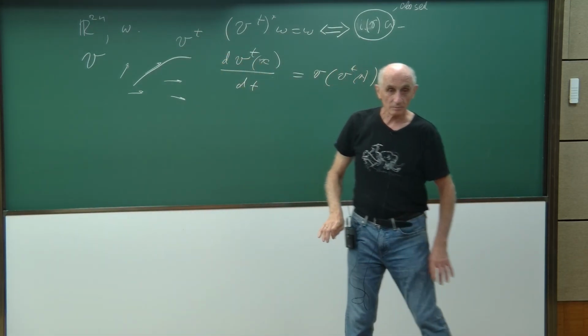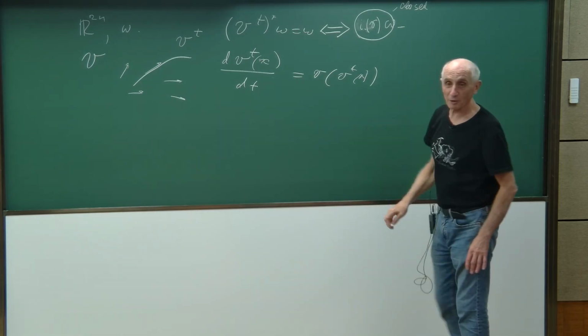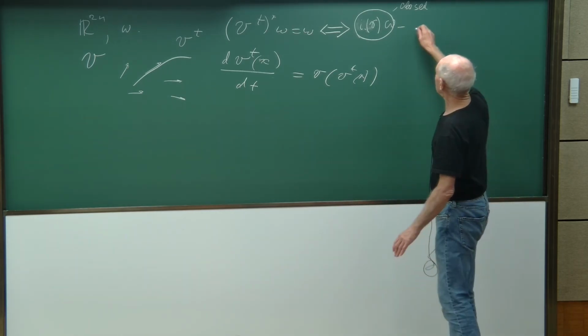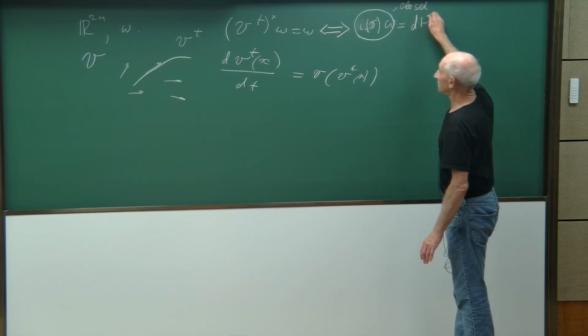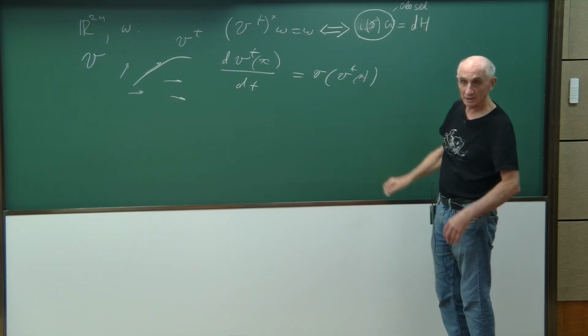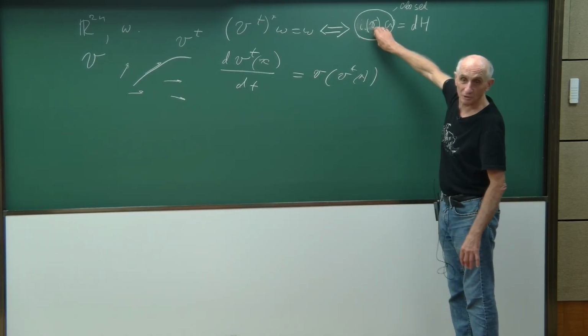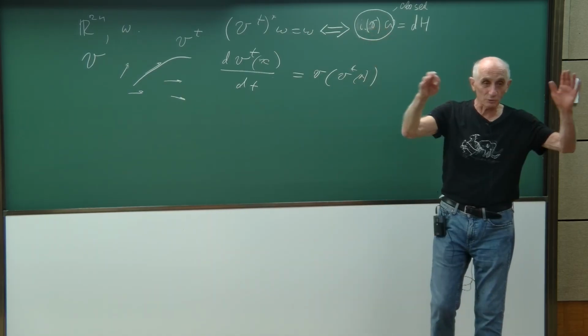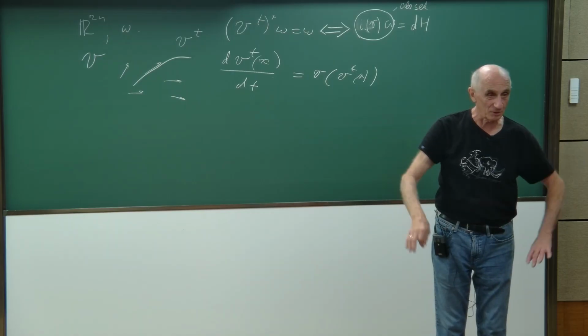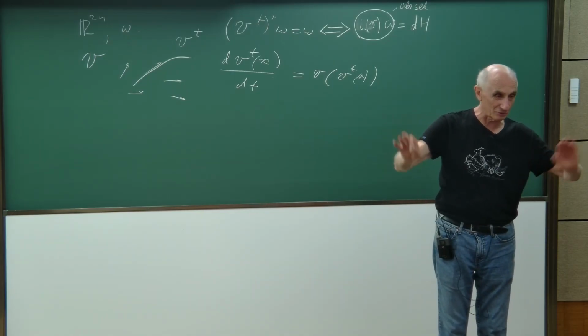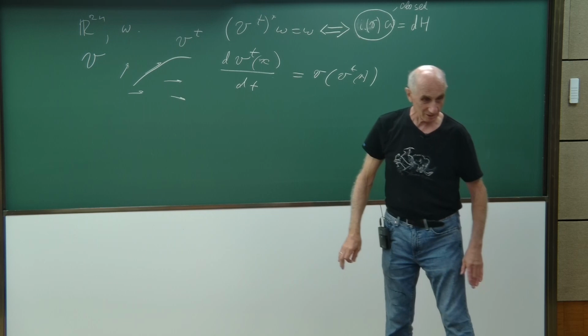But sometimes a closed form is exact. That means that this is a differential of a function. And if this is a differential of a function, then it's called a Hamiltonian vector field. Of course in R2n, closed and exact are the same thing, and so there's no difference between closed and exact here.